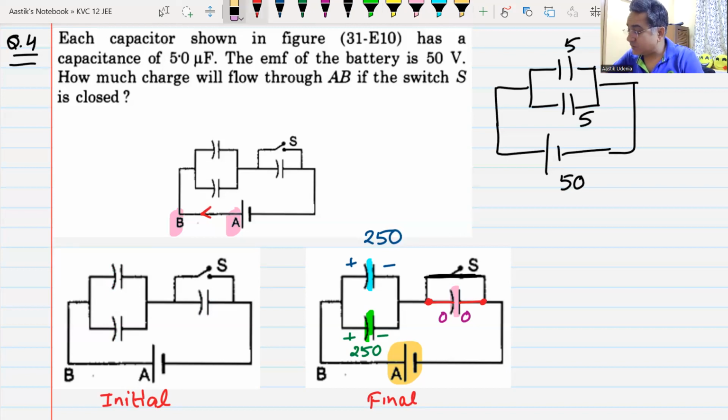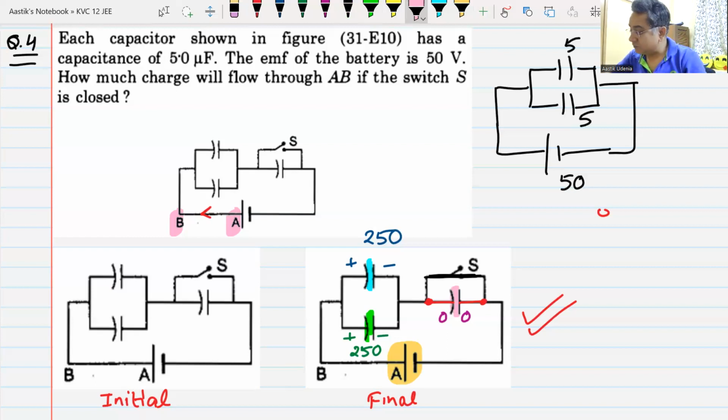Have we understood how I got this one? Yes or no? Everyone understands this one? Yes, sir. Okay. How did I get charge in the initial case?